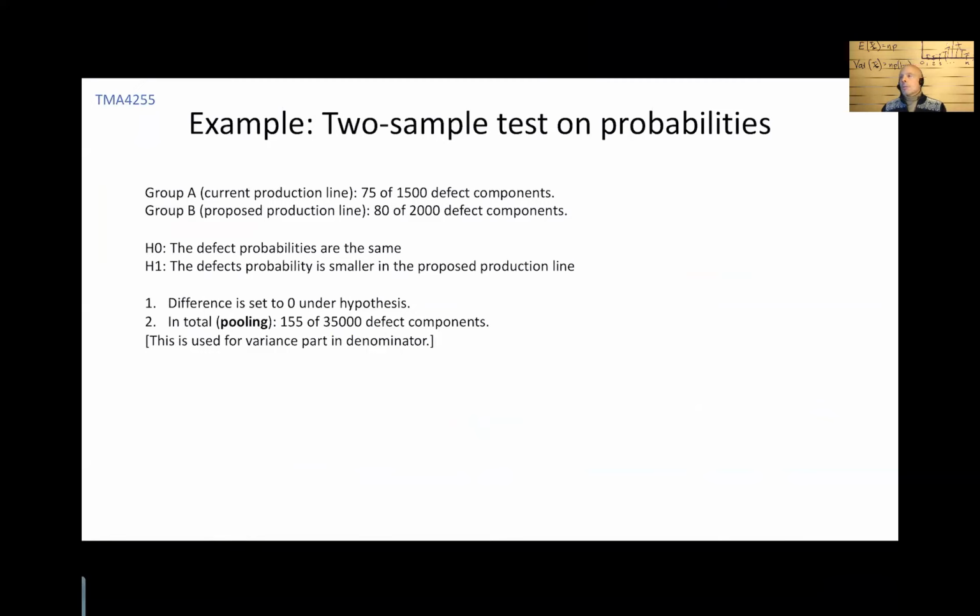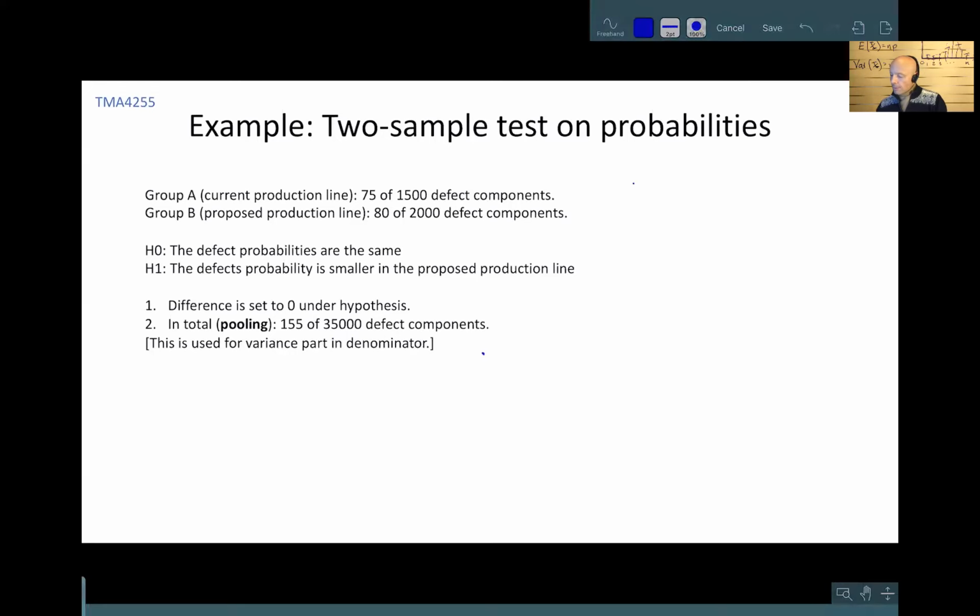And of course, you're interested in some improvement here, but you check, of course, first if this is worth doing. And now counting the number of defects, you see that there are 80 out of 2,000 components that were tested. So is this something that's an improvement, or is this not significant?